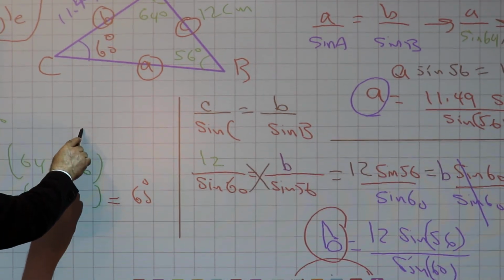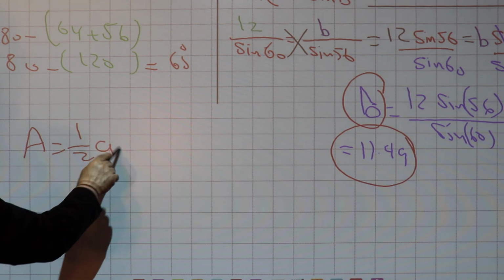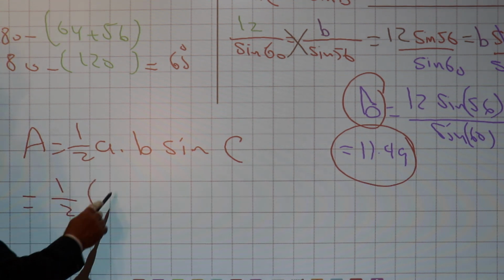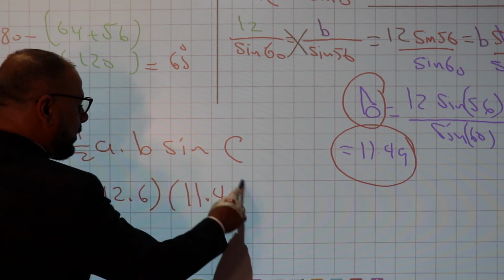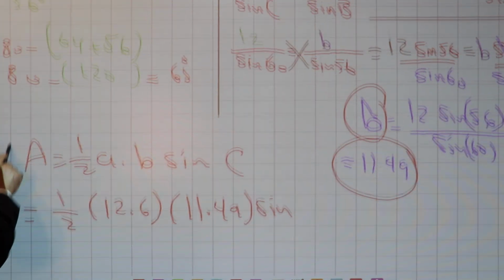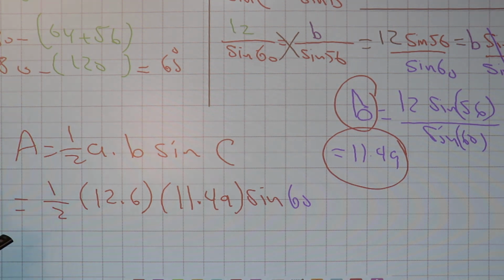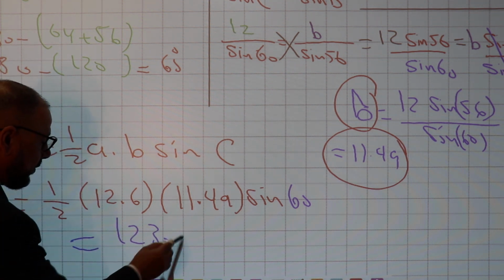Now to find the area, you can take A and B: area equals half A times B times sine C. A is 12.46, B is 11.49, and sine C is sine 60. Times 11.49, times sine 60. The area is 123.95.